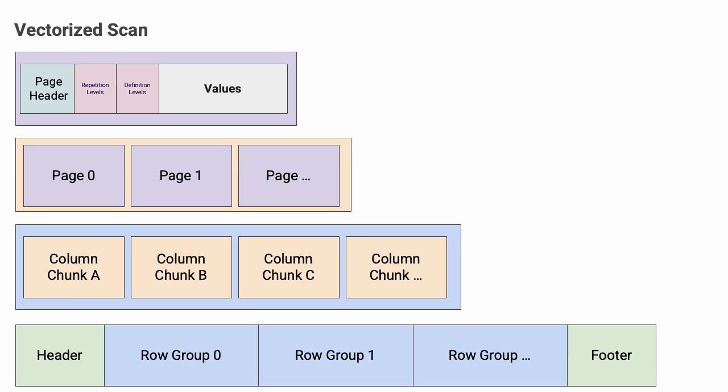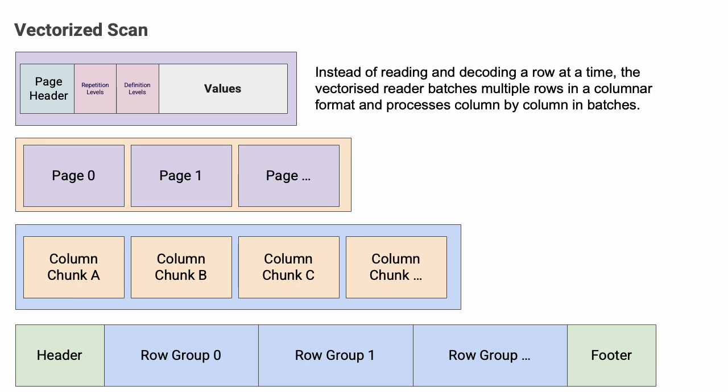Looking at the top, every page has values. So instead of reading and decoding one column value at a time, now because the column values are stored contiguously, why not take a batch of column values, some number of column values, and process them together, which is the vectorized reading. And this is what happens in vectorized scan.